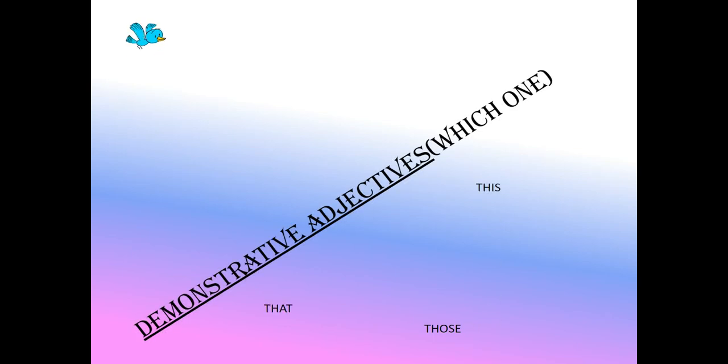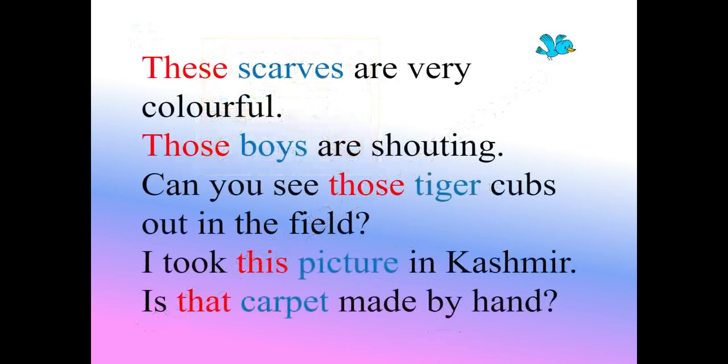Coming on to the next one, that is demonstrative adjectives. Now, what do you understand by the word demonstrative? A demonstrative adjective is a very special adjective, often called a determiner, that identifies a noun or a pronoun by expressing its position as near or far.